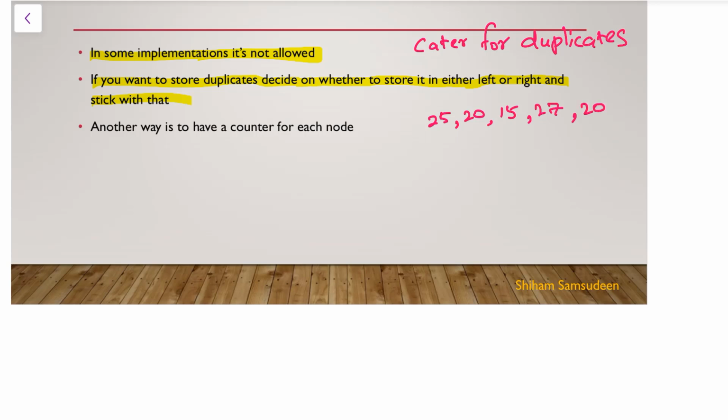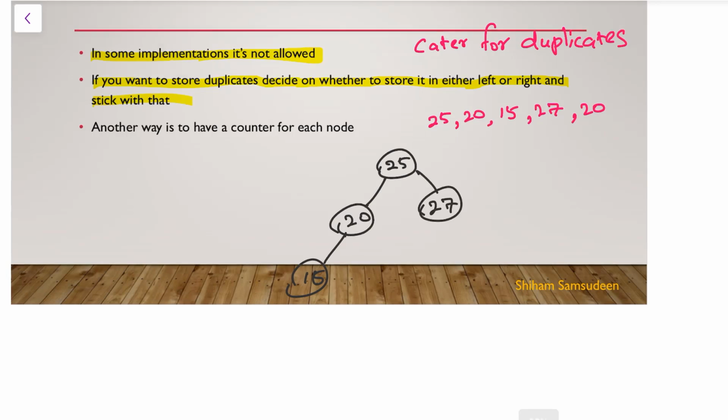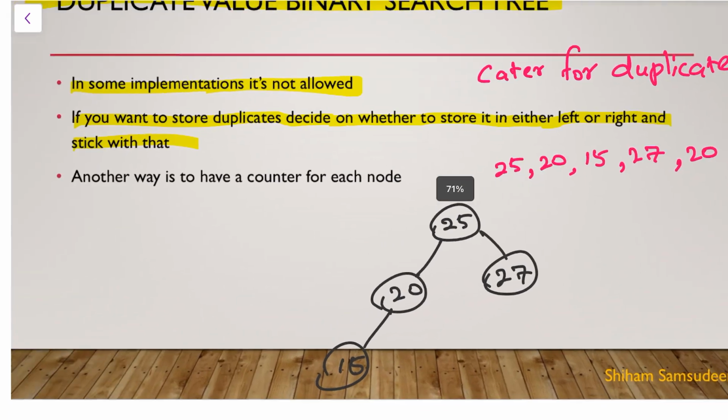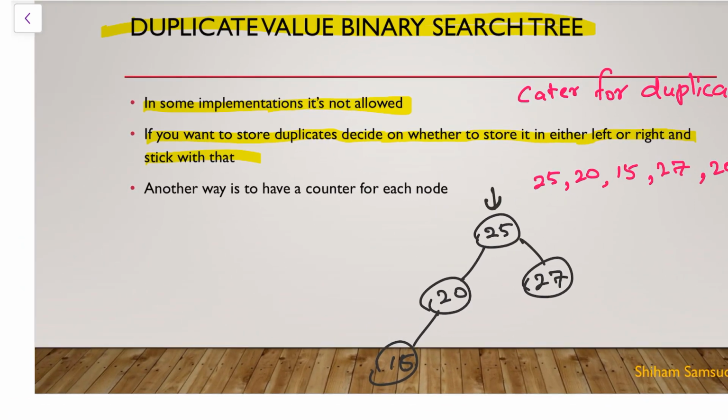So this is how it's been built, right? So here we have 25, 20, and then 15, and then 27, right? And then again 20. So 20 means you need to come here, right? And then go here, and 20 is equal to 20.